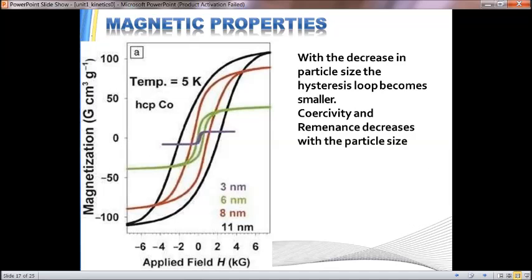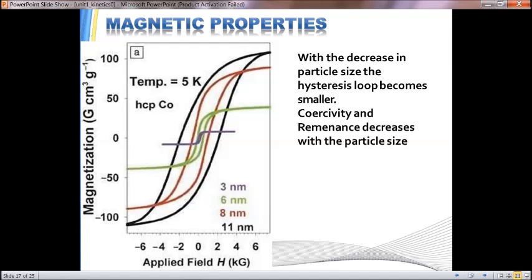Then magnetic properties, magnetization against applied field. So with the applied field, magnetization increases. With the decrease in particle size, the hysteresis loop becomes smaller. Whenever size decreases, the hysteresis loop also gets smaller, that is, the coercivity and remanence decrease with the particle size. That's given over here.